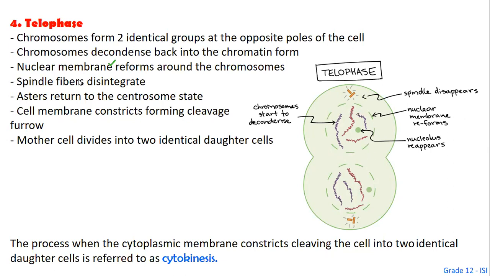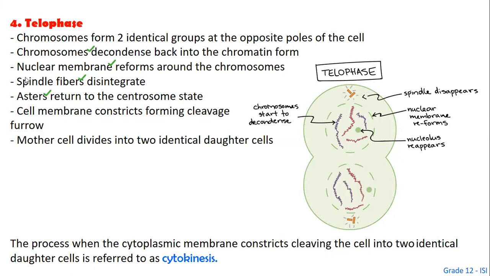Spindle fibers appear in prophase, but they disappear in telophase. In prophase, centrosomes became asters, but here asters are coming back to their centrosome state. During prophase, chromatin condenses to form chromosomes. Here, chromosomes do the opposite. They decondense back to the chromatin form.